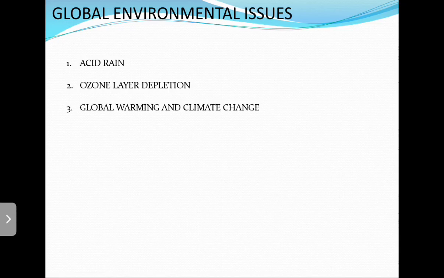And next is global warming and climate change. Nowadays, for the development of industries, apartments, construction activities, railways, national highways, we cut lots of plants, and by doing this, we change the climate a lot.